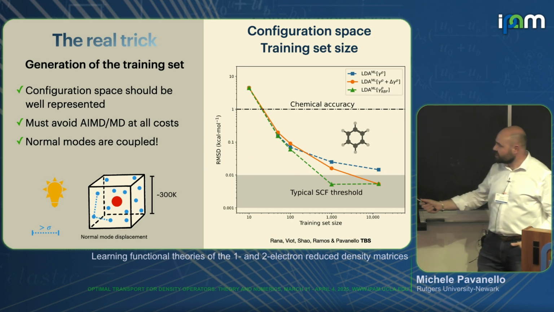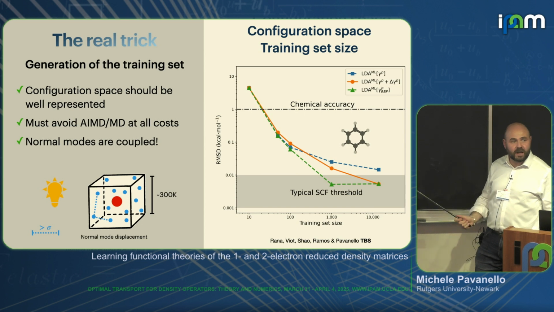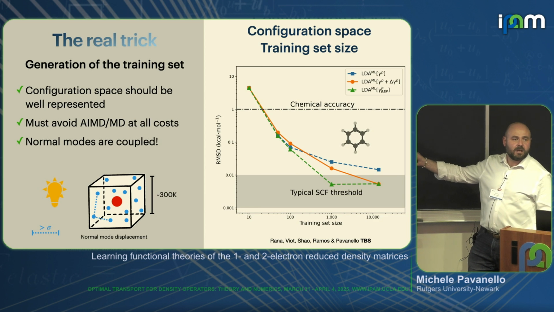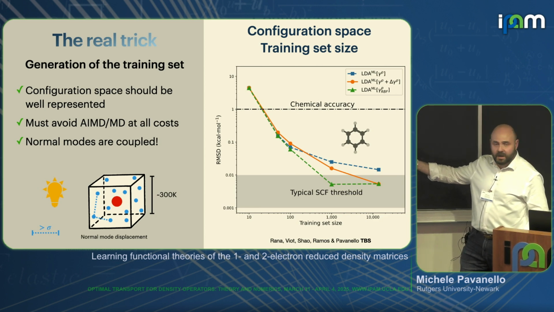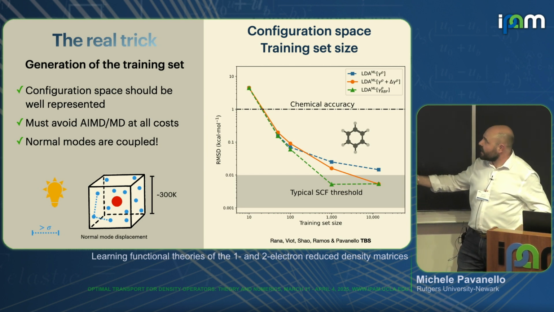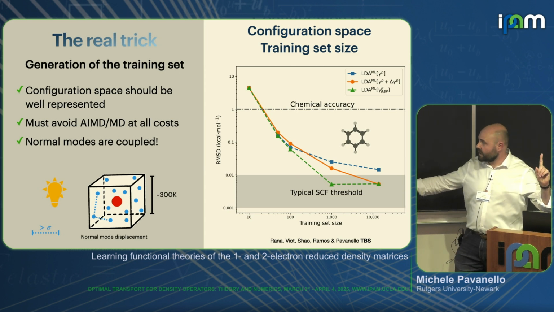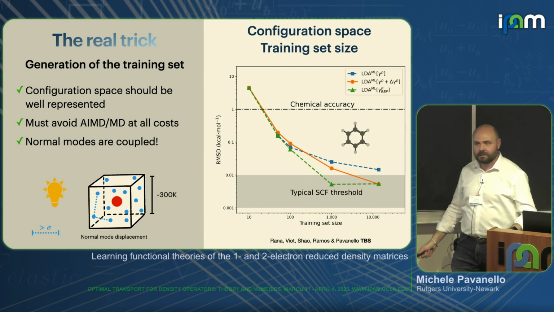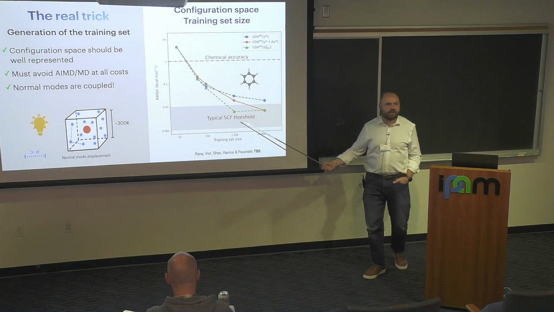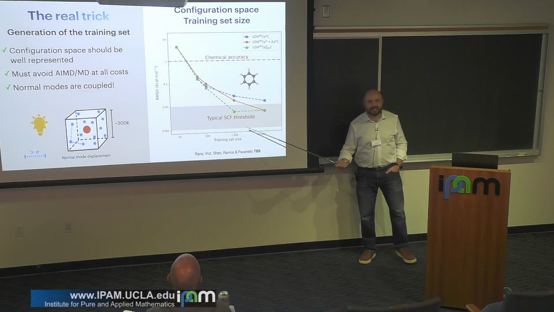It allowed us to really reach SCF threshold if we threw enough points. This gamma is essentially a single kernel ridge regression to get gamma. This gamma plus delta gamma is two kernel ridge regressions. And this one is the single kernel ridge regression with the RBF kernel that already gets you here. So the answer is no, these are very forgiving training set sizes.